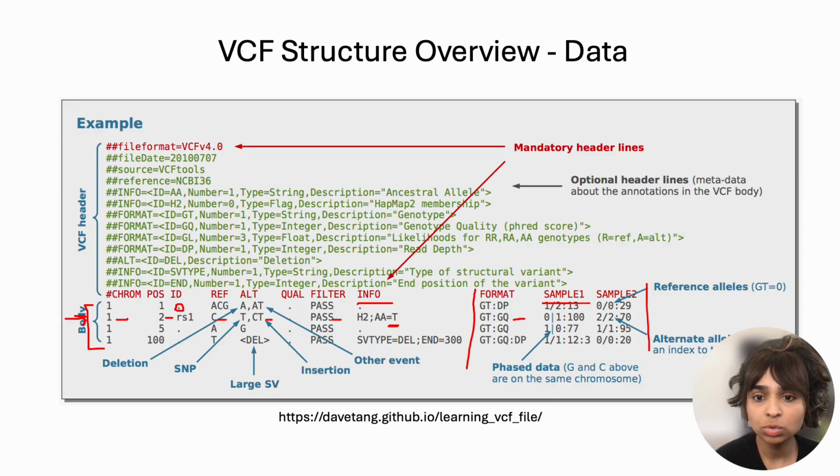Now 0 refers to the reference allele, and in our case it is C. And the 1 refers to the first alternate allele, and that is T. So that means the sample is heterozygous. Notice the vertical line between 0 and 1, and that is called a phased genotype, which means we actually know which chromosome each allele is on. One chromosome copy carries the C and the other copy carries the T.